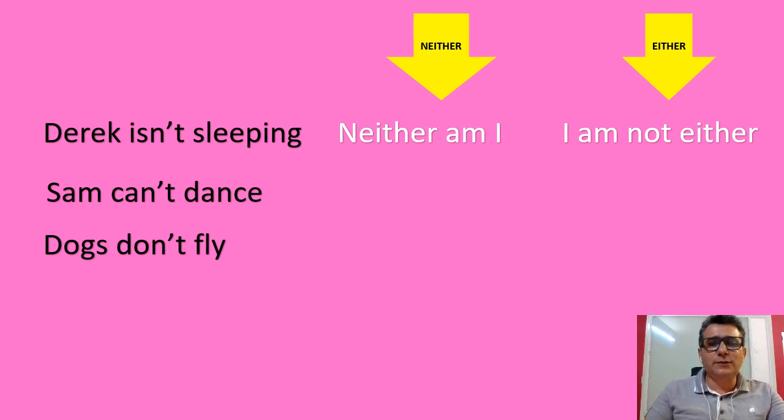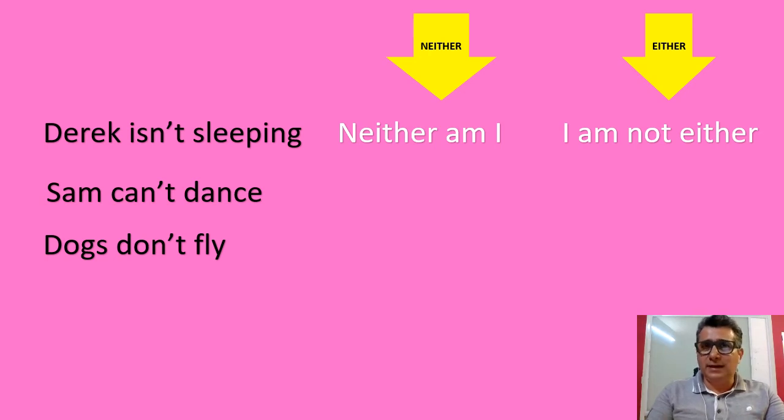Before we continue, let me say that neither and either are pronounced depending on the country in which you are, because in some places people pronounce it neither and either. In other places, you may hear it like neither or either.